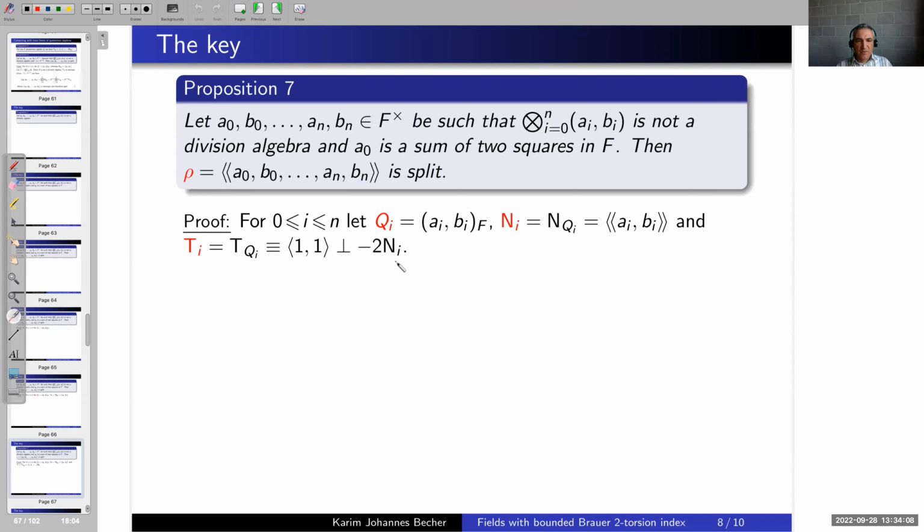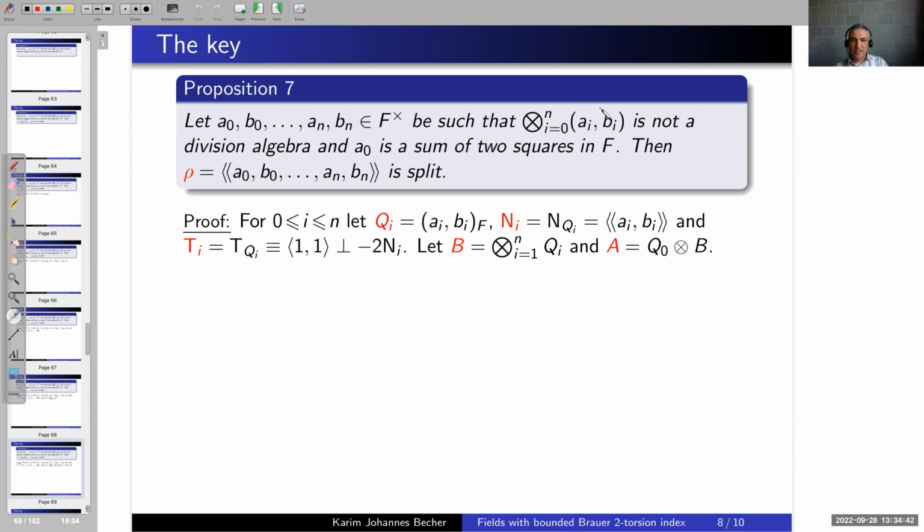Now, we also look at this tensor product of the quaternion algebras. That will be the algebra A again, as also in the last proof. But I also look at the tensor product where I drop the very first factor, where I start with 1. So I take B to be the central simple algebra given by the tensor product of the QIs from 1 to n, and A, where I tensor that still with Q0, the very starting one.